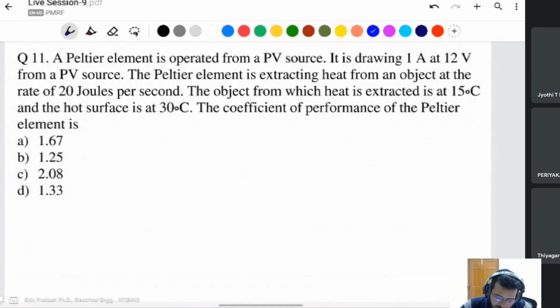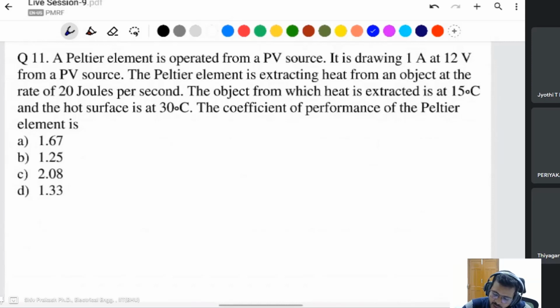Next question: the Peltier element is operated from a PV source. It is drawing 1 ampere at 12 volt from a PV source. The Peltier element is extracting heat from an object at the rate of 20 joule per second. The object from which heat is extracted is at 15 degree centigrade, and the hot surface is at 30 degree centigrade.